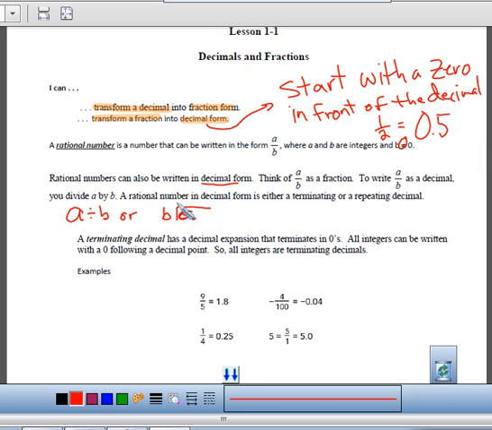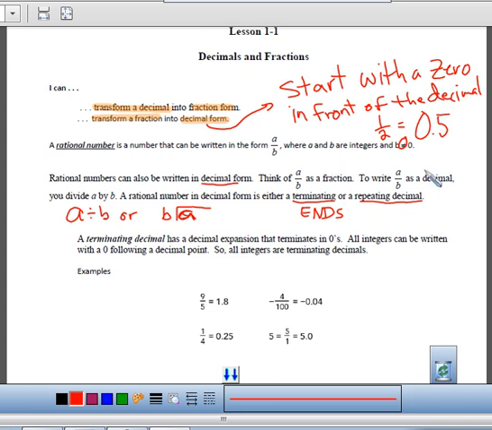Alright? A rational number in decimal form is either terminating or a repeating decimal. Now, when I say terminating, you need to understand what that means. Terminating means it ends. If something is terminated, it ends or it stops.